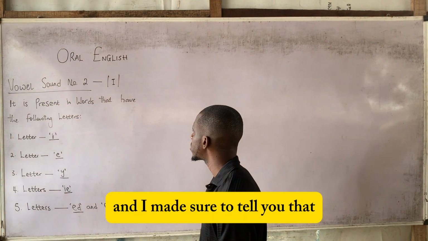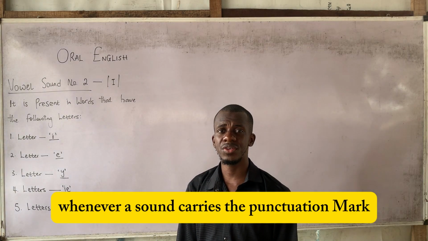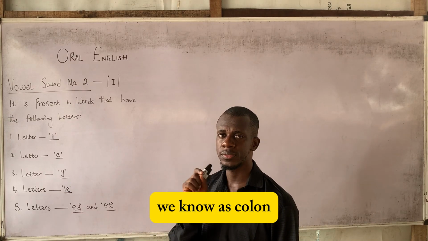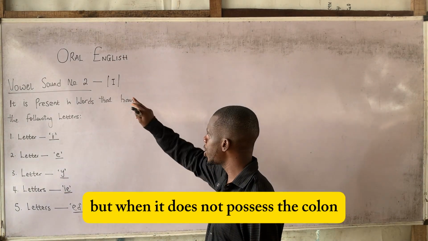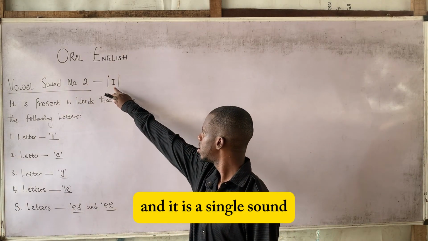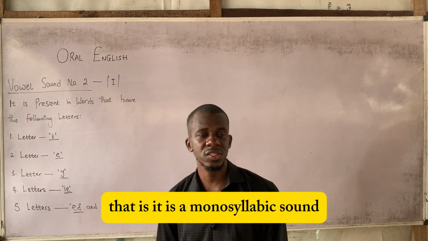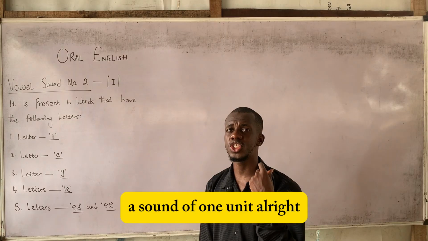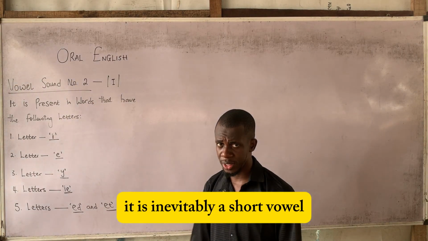I made sure to tell you that whenever a sound carries the punctuation mark we know as colon, it is said to be long. But when it does not possess the colon and it is a single sound, that is, a monosyllabic sound, a sound of one unit, it is inevitably a short vowel.